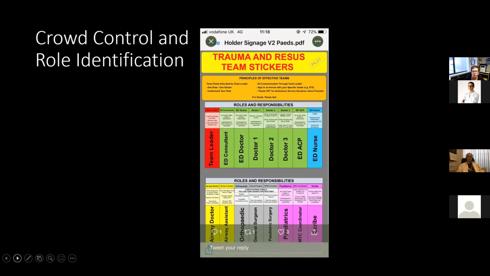At the regional, we have implemented this kind of sticker system. And so we have a team lead sticker. When more than one physician comes to a code, it's very difficult as a responder to identify who do I listen to?